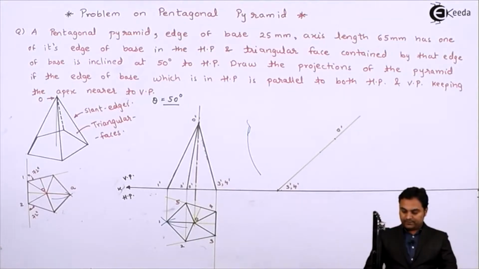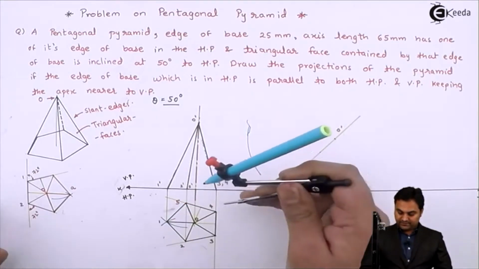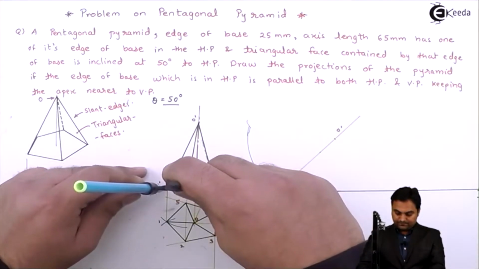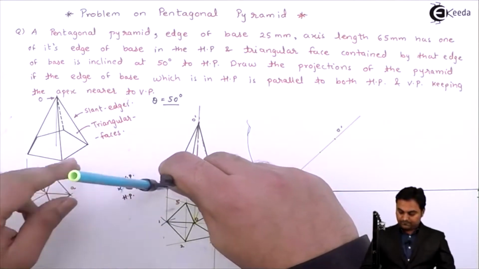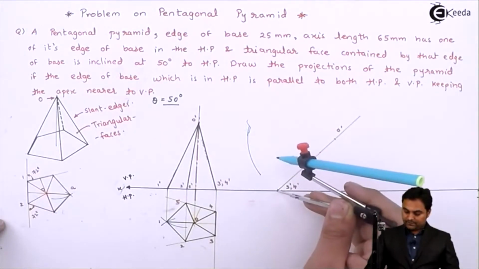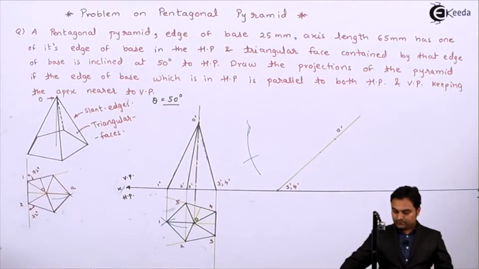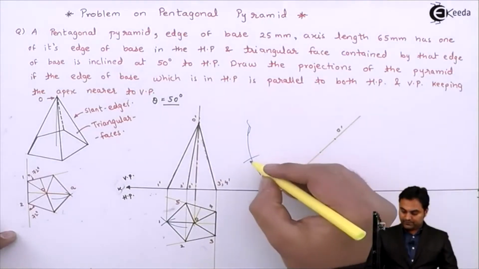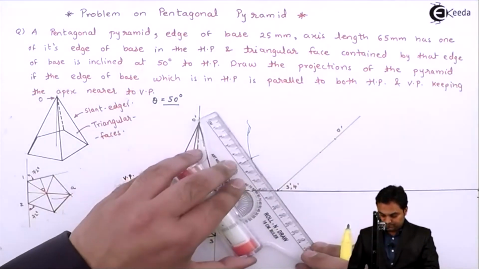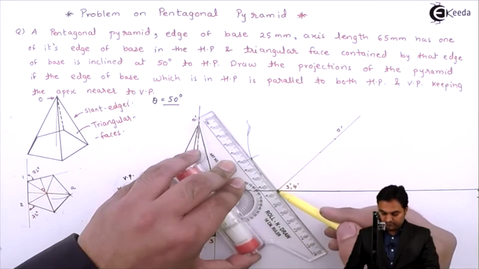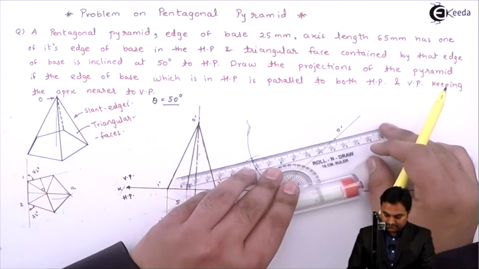Then keeping the distance of the base 3 dash 4 dash up to 1 dash, keeping here and cutting this arc to get this point, joining it will give us that inclined pyramid.